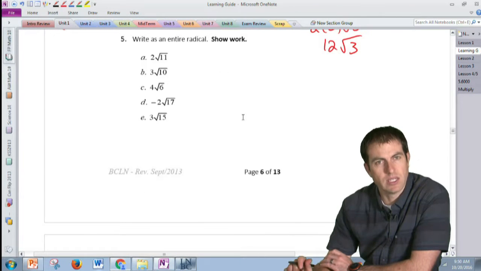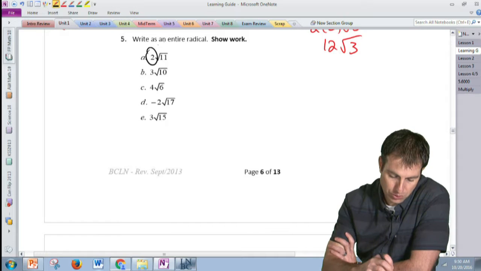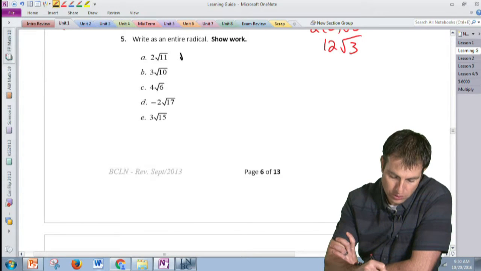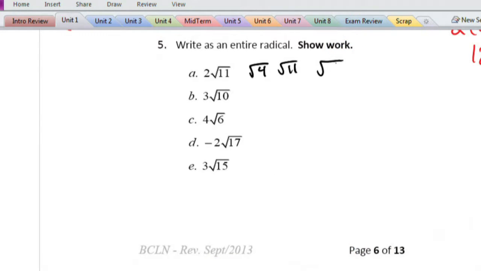And then number 5 was just working backwards, going from 2 times 2 is 4, so the square root of 4 is 2. And then I put them under one radical, 4 times 11, square root of 44. So the square root of 44 is the same thing as 2 root 11.